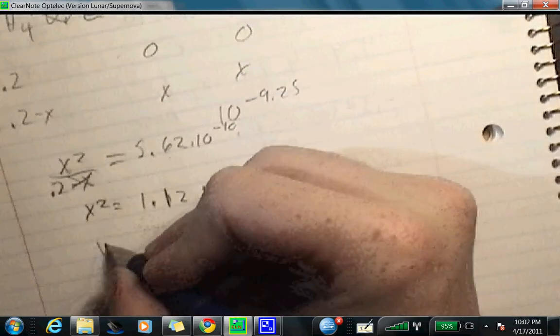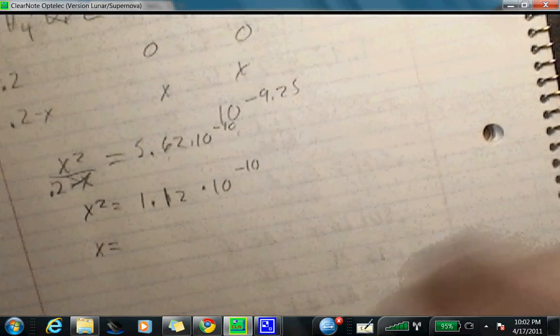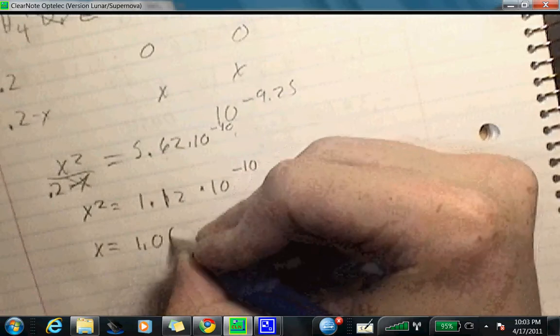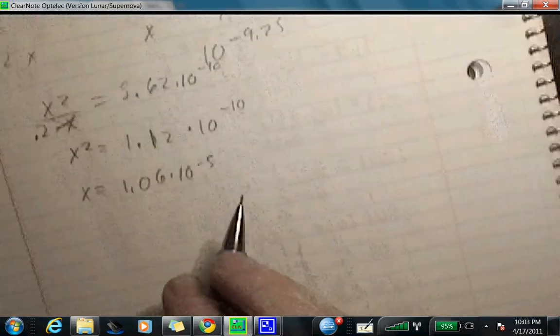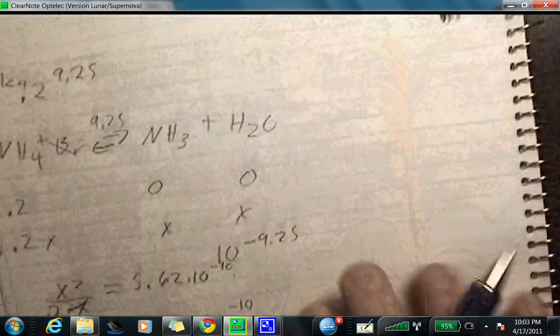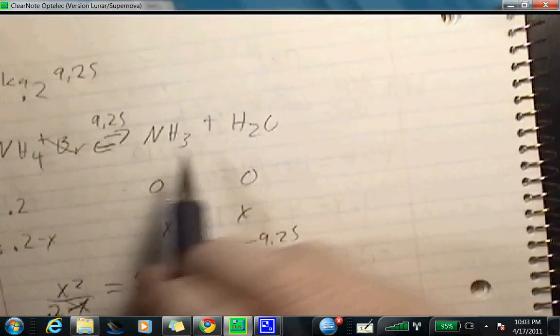Okay. Take the square root of this. It's going to be 1.06 times 10 to the negative 5th. This is going to be not our final answer, but our final concentration of the H plus that we have donated to H2O.